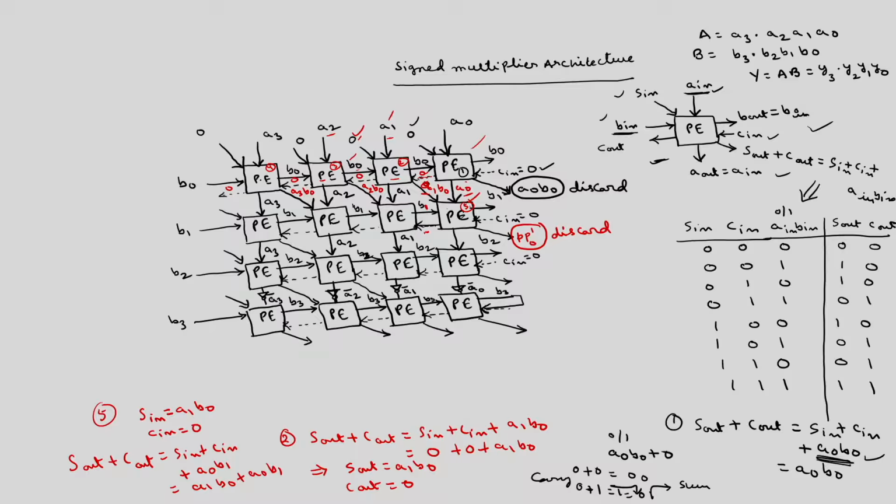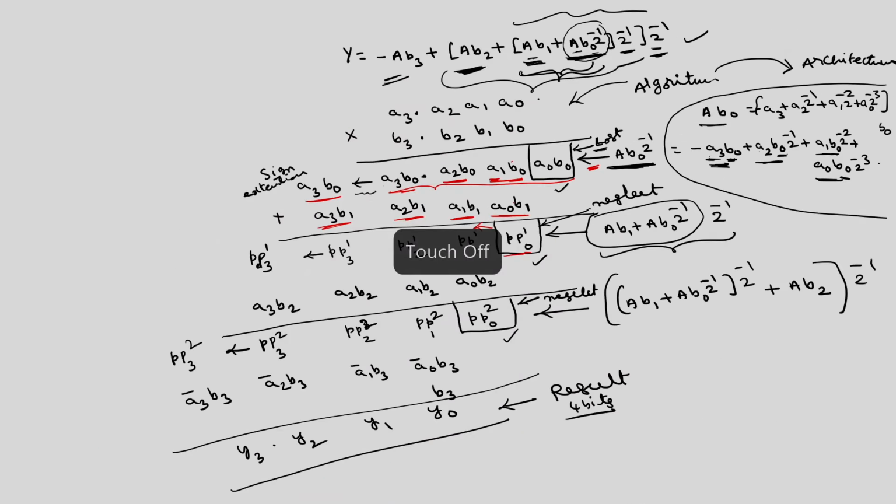This bit is the carry of A1 B0 plus B1 A0. Okay, that we are going to add in the next stage. So, this carry we are going to add in the next stage. This carry whatever is generated, the sum is discarded.